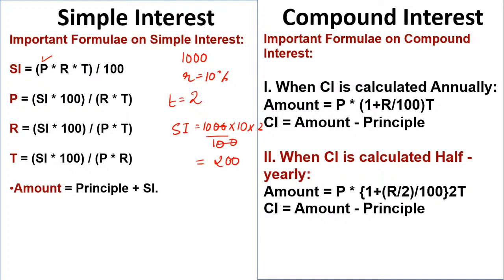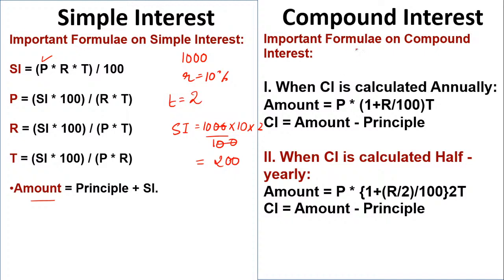Time means for how long we have to invest this money. And amount is how much money we actually have to give. I hope everybody understood up till now. Please reply with your comments. Nandini, Kaushalya, Bhuvna, everybody, please let me know. Have you understood up till now?